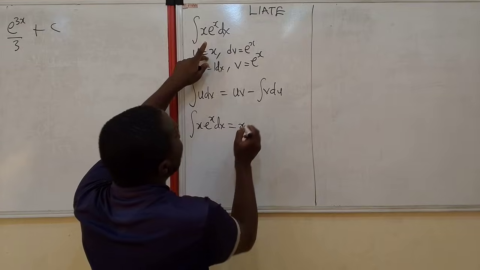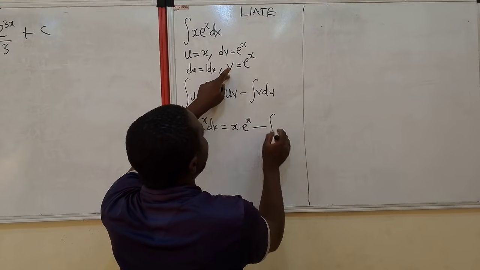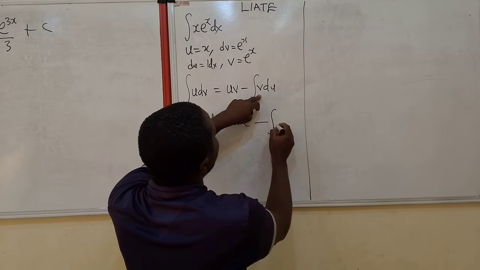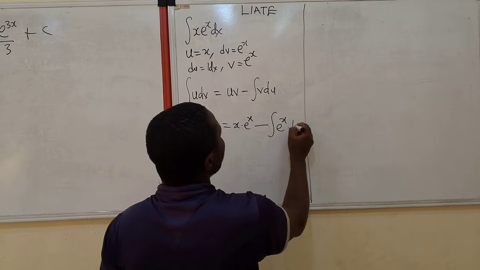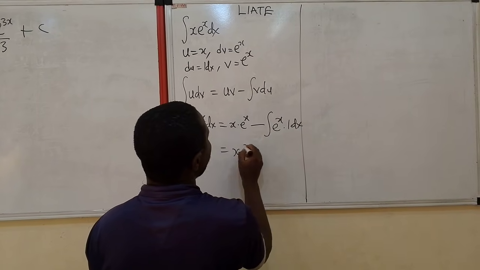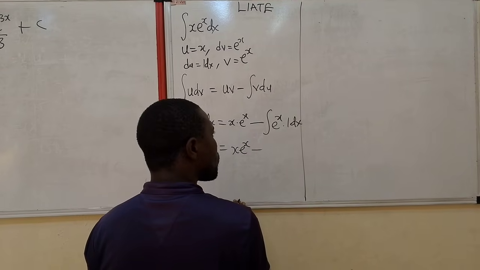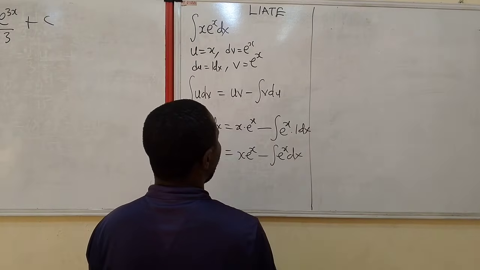What's my v? Exponential x. Minus the integral of what's my v, exponential x, what's my du, 1 dx. So this will now give me x exponential x minus the integral of exponential x dx.